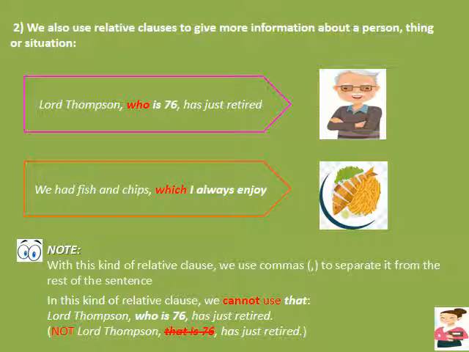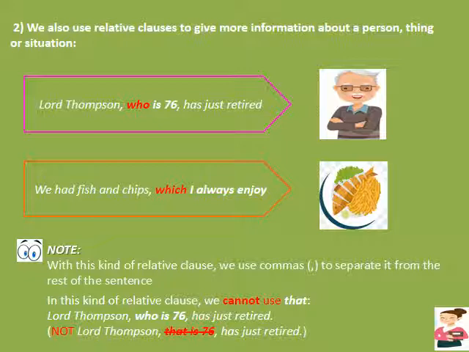You can look at the relative pronoun used in this sentence is who. Why? Because you are talking about a person. The second sentence, we had fish and chips, which I always enjoy. You can look at that these sentences have a comma.